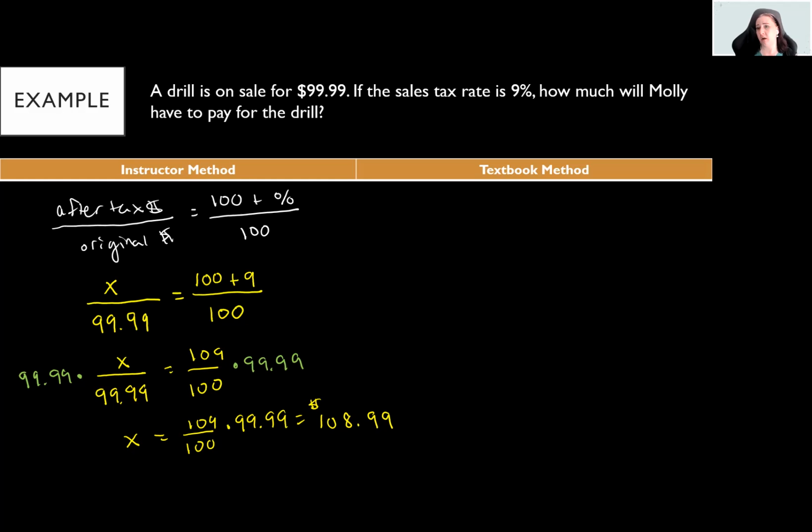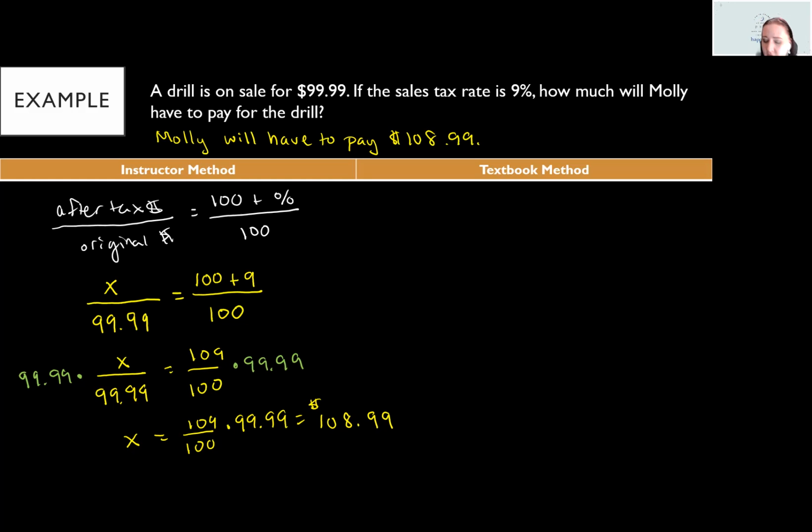So when you actually write your answer, you would say Molly will have to pay $108.99. Notice that the question was, how much will Molly have to pay for the drill? And I'm basically rephrasing that.